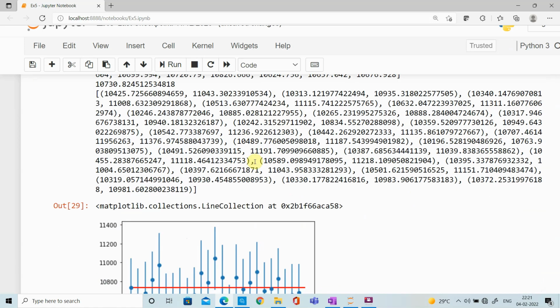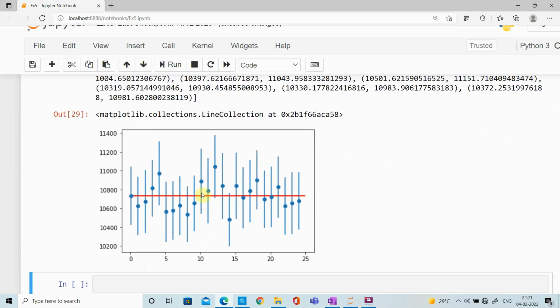So run it. Now you can see that almost every one of the 25 times my population mean lies within the interval. This is my lower and upper limit of the confidence interval. Every time my population mean lies inside the confidence interval. Here it is almost near to it.